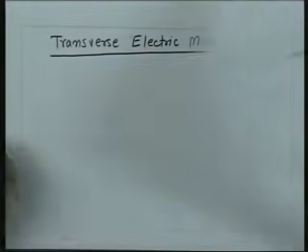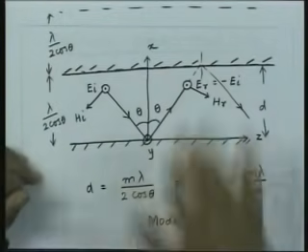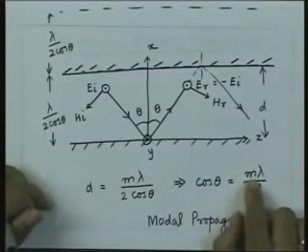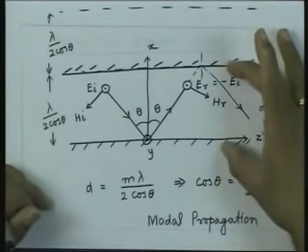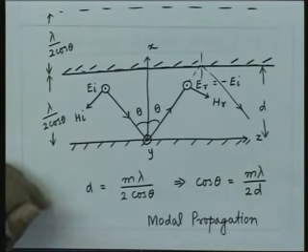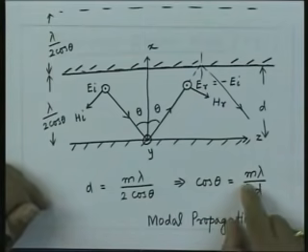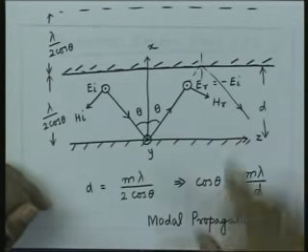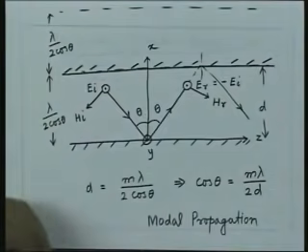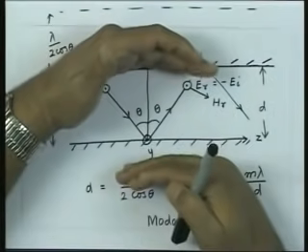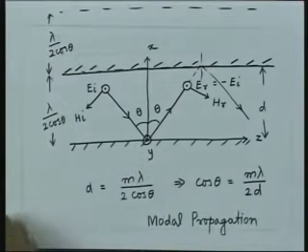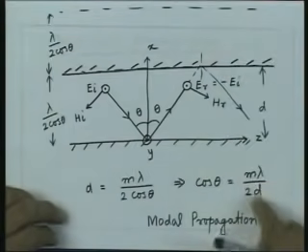Now if I look at this structure again, we can get either a value of, let us say, m equal to 1, that gives me the spacing which will be lambda upon 2 cos theta. If I take m equal to 2, I can get this spacing for a given launching angle. That means either I can have a set of fields which will be in this, or I can have a set of fields which will be in this, and for this region m will be equal to 1.